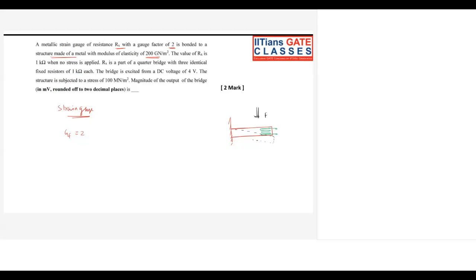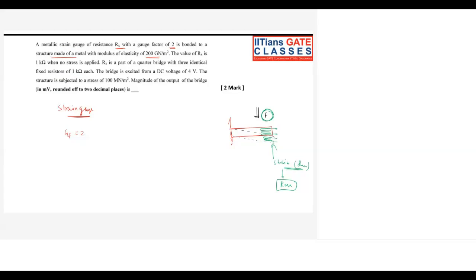Due to this, the sensor that was bonded here will have certain strain produced. Strain produced means dimension will be changed. So because of this change in the dimension or change in the strain, your resistance is going to change. If we are able to calibrate this change in resistance to the applied force, then we can find how much force we have applied, right?